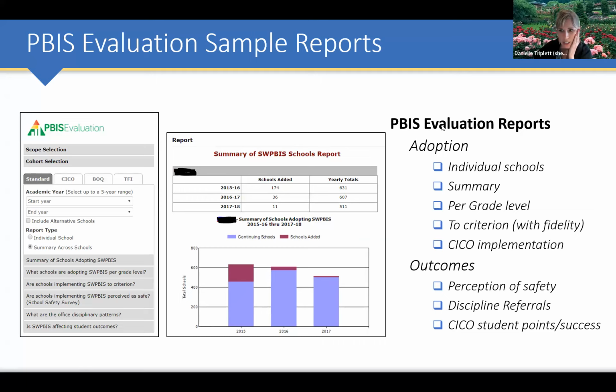Hey, I'm just looking, I'm going to add a little bit because I know about PBIS evaluation. So I just put a link in the chat to go to the evaluation page. The pricing is for a district, it's $500 a year. A region, which maybe is like an ESD, is $750 a year, and a state's $1,000 a year.